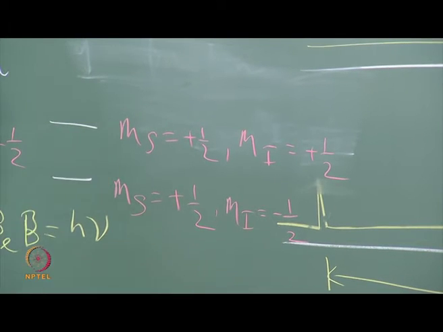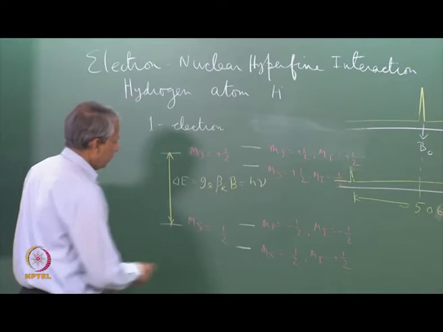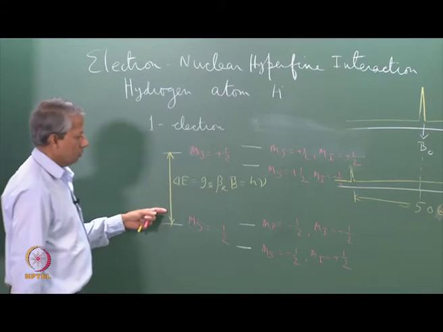So, why this arrangement is of this kind, we will see again very soon in fact, but let us take it to be true. Now, there are 4 energy levels where earlier we had 2.